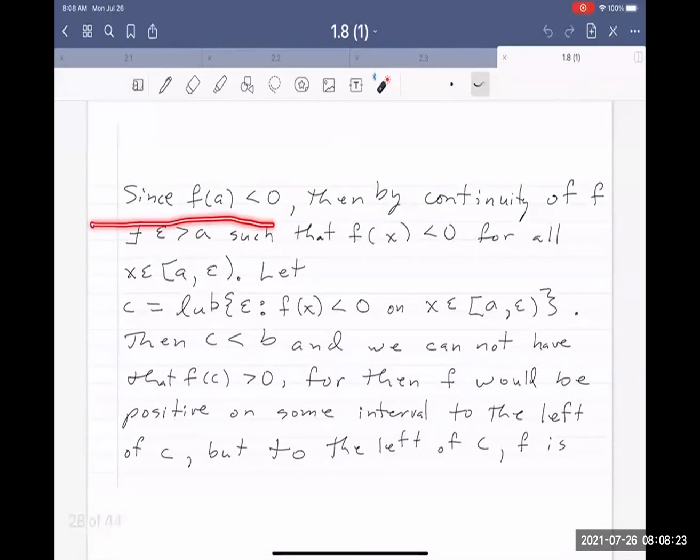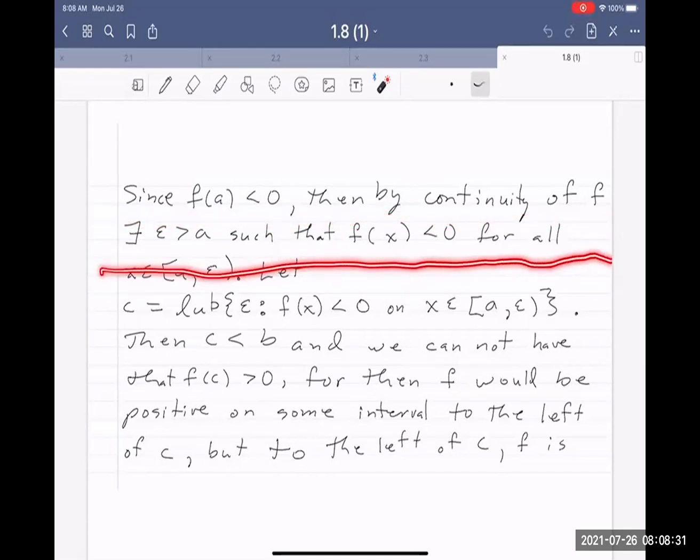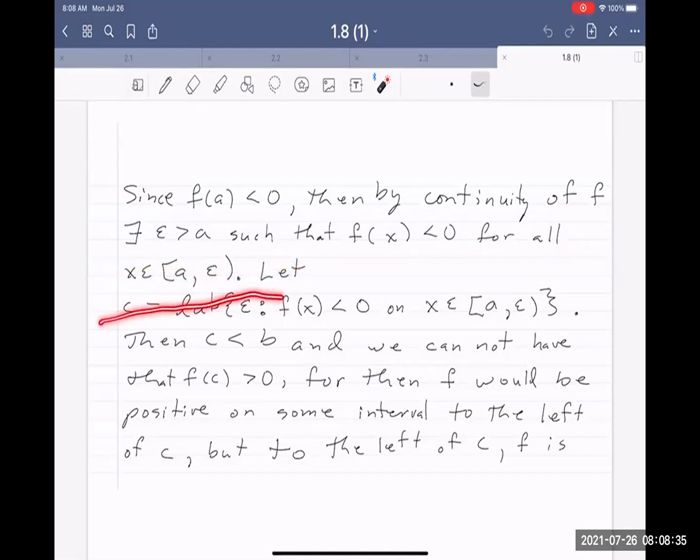Since f at A is less than 0, then by continuity of f, there exists an epsilon greater than A, such that f of x is less than 0 for all x in the half open, half closed interval, where we include A in the interval, but not epsilon.